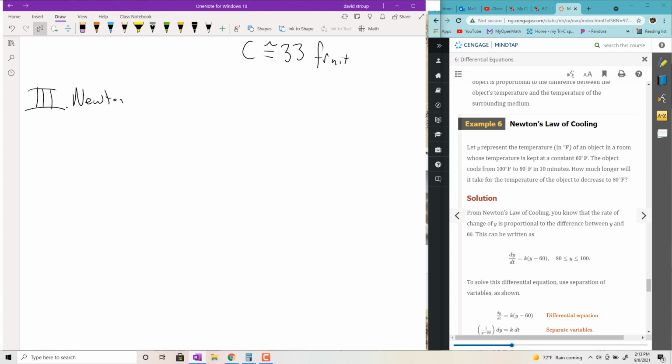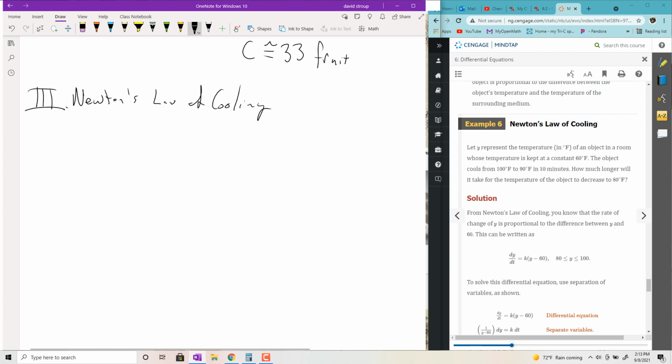Newton's law of cooling. And basically you could think of it as if you worked in a Marco's or something, like a pizza place, once you take that pizza out of the oven, you want to know how long until you have to throw away the pizza. You could use Newton's law of cooling to figure that out.